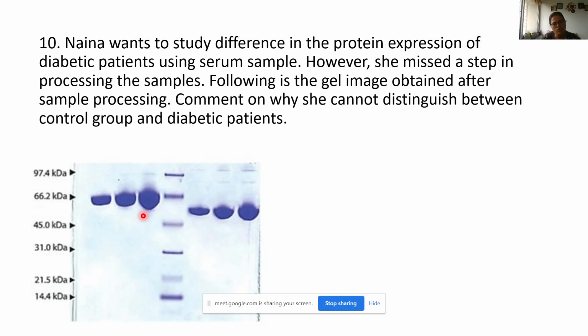So this is a very crucial step. If you forget to do that, the whole process of proteomics will not give you the result you want. You won't be able to see the difference in other low abundant proteins, which could be the proteins of your interest.